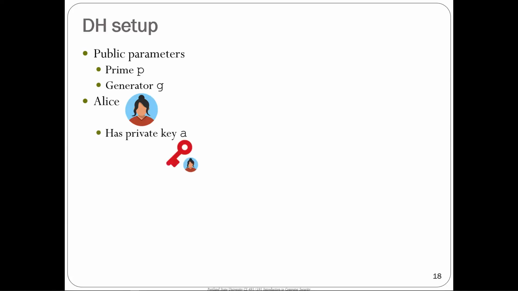This is her private key, little a, the red key in this notation. Then to generate her public key, she takes the generator G to her private key a, modulo the prime P, and this gives her capital A, which is the blue key here. So capital A is the public key, and little a is the private key.